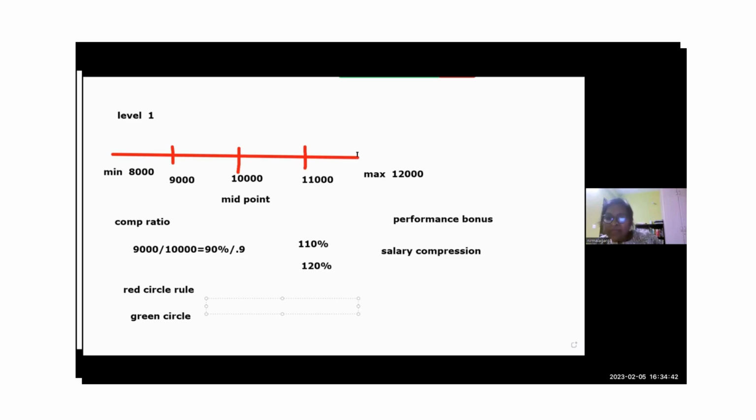This year he's got a rating of 4 on a scale of 1 to 5. Now I have to give him a performance bonus equivalent to that rating of 4, but I cannot give him an increment which rolls into this 12,000 and increases basic, because this grade ends at a max of 12,000.